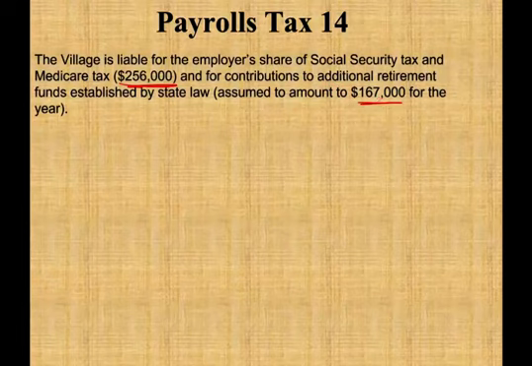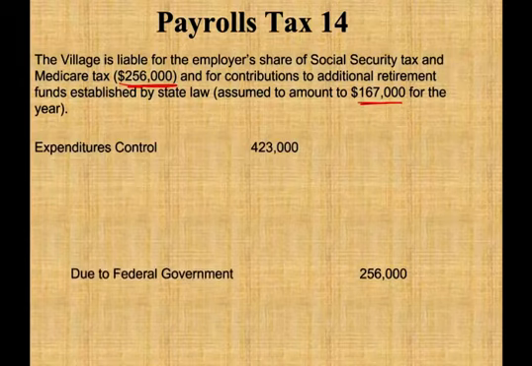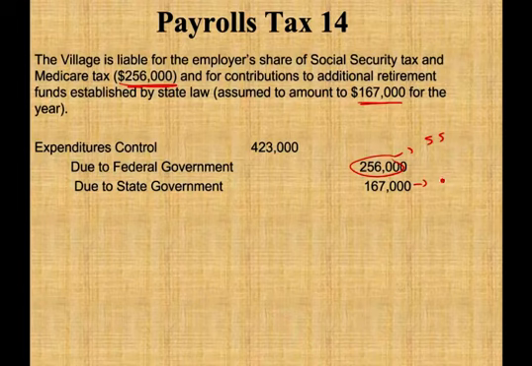So they have to pay their Social Security, and they have to pay the state $167 to fund the retirement of the government employees. Therefore, they have another expenditure control of $423, which is $256 for Social Security and $167 for the pension. So this is basically, again, regular expenditure.